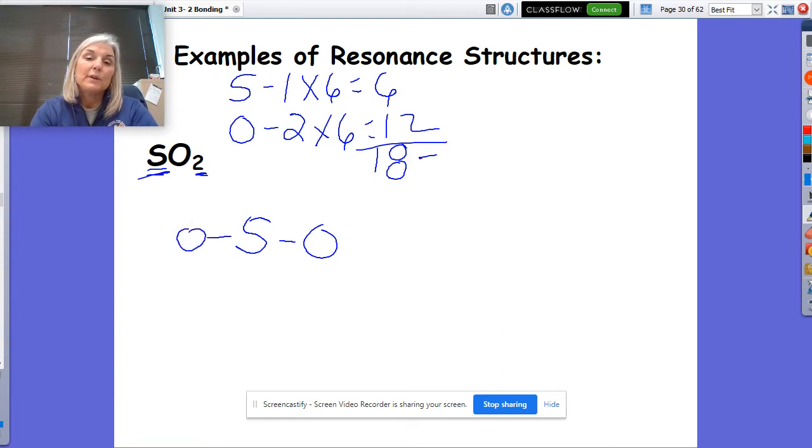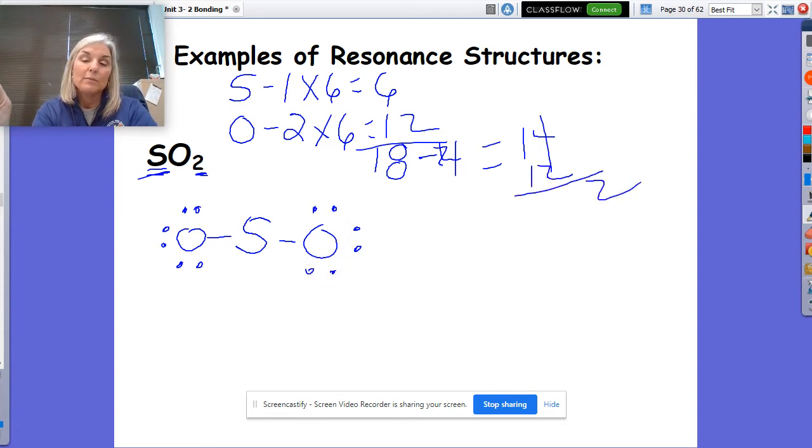So I've used up 4 out of the 18, so I'm now down to 14. I'm going to complete my octet for the outside, and that will give me 12. So that's 2 left over, and as we saw in the ozone, notice that sulfur has 2, 4, 6, so it does not have an octet.